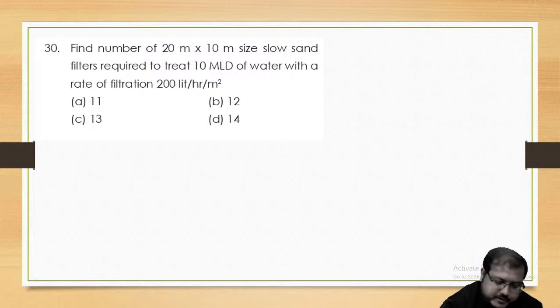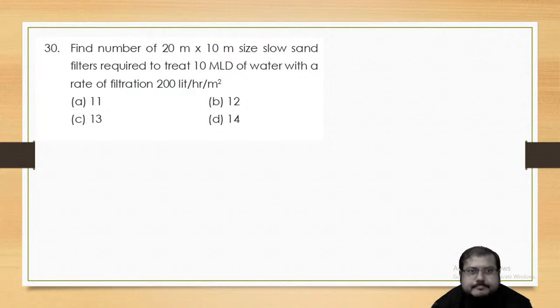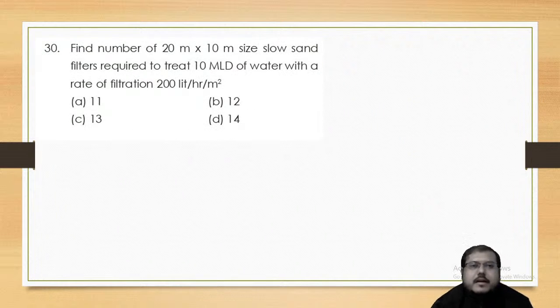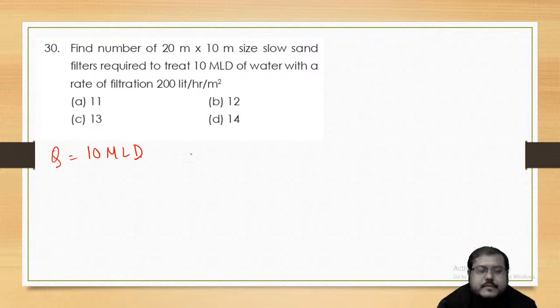Now going for question number 30. Find the number of 20 meter cross. So it's again Q is given as 10 MLD. Rate of filtration is 200 liter per hour per meter square.